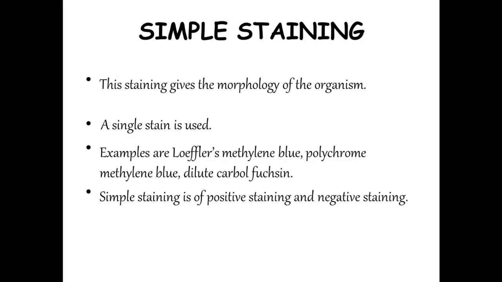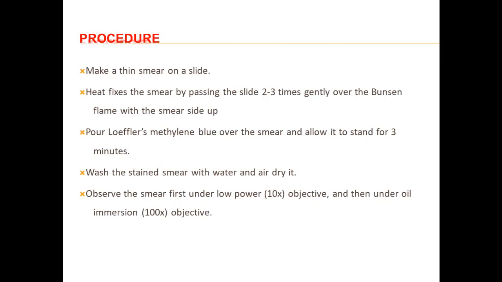Simple staining can be positive staining and it can be negative staining. The procedure is very simple. We take a clean, dry slide. We make a thin smear of the bacterial culture on the slide. Then heat fixation of the smear is done, and then we take it to the staining tray and add the stain onto the smear.